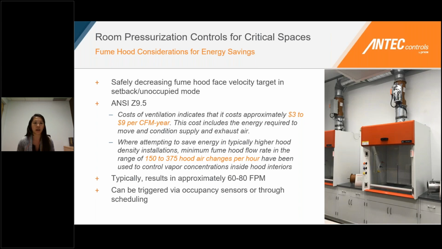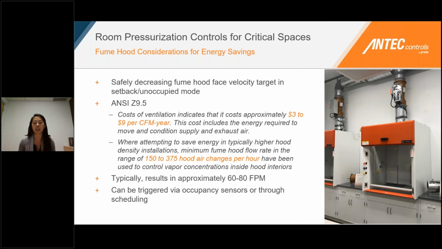So it does provide a recommendation that if you are attempting to save energy and you're in labs with higher hood densities, it recommends having hood air changes anywhere between 150 to 375 hood air changes per hour. Now, depending on the size of the fume hood and the open area, this can typically result in about 60 to 80 feet per minute, which is what you might see in some sequences or some specifications when we're talking about fume hood unoccupied mode.